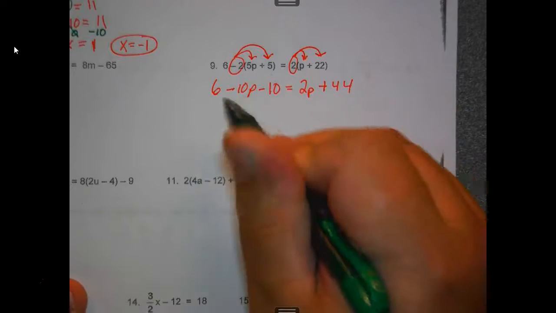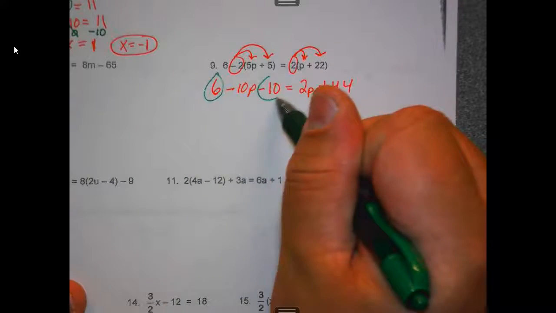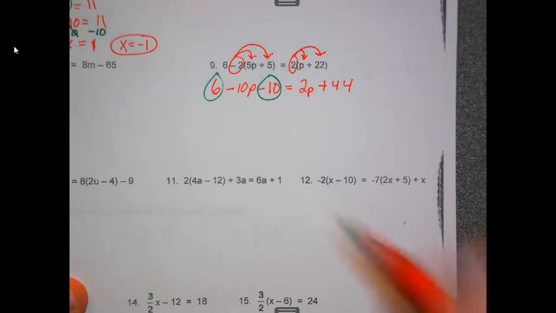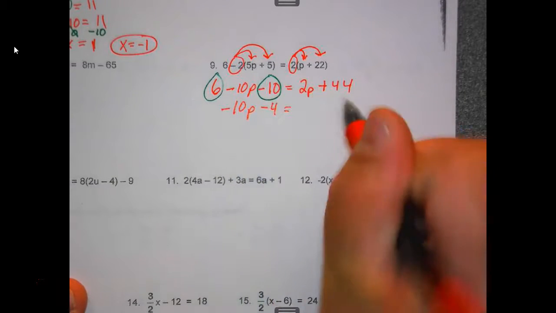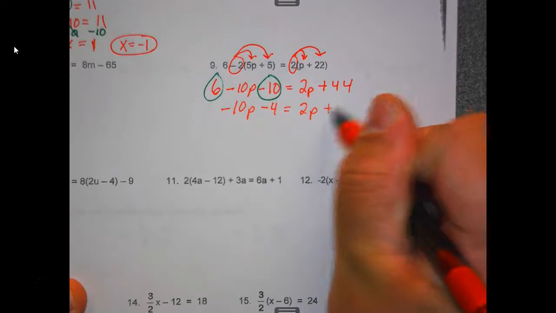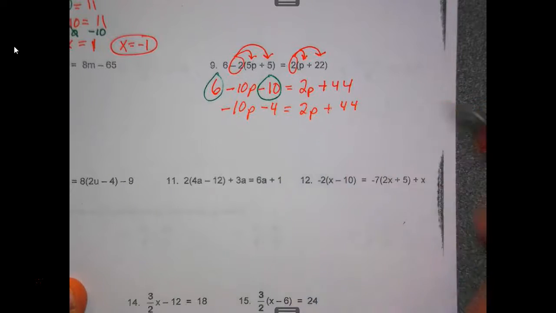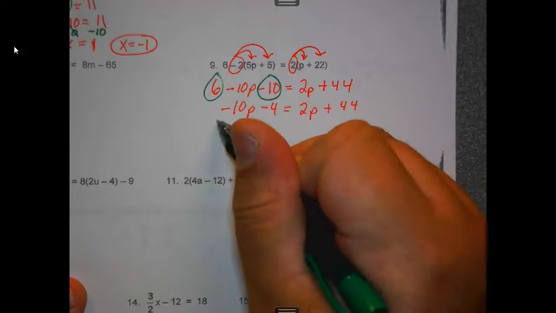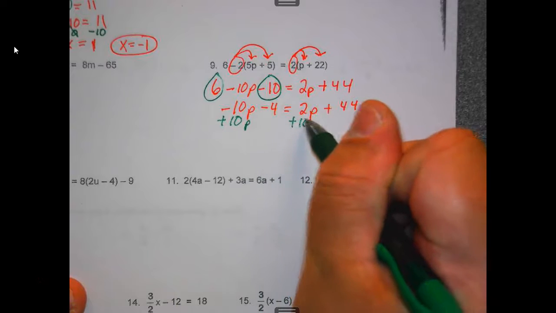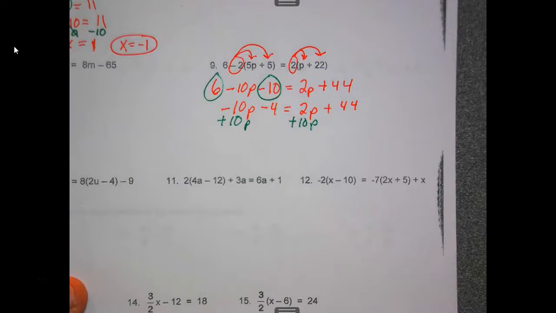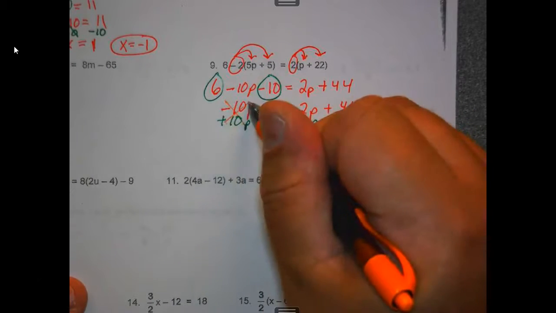Combine like terms on the same side. I have -10p minus 4 equals 2p plus 44. I'm going to add 10p to both sides. You guys can do it any way you want. So that means I'm getting rid of the 10p's here.